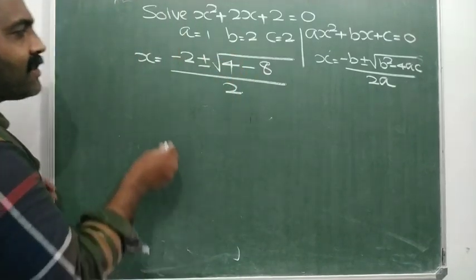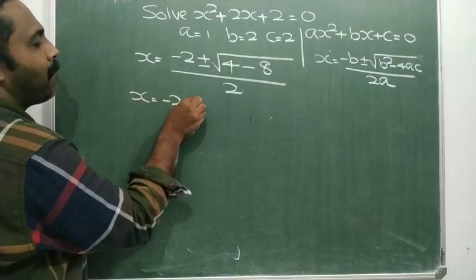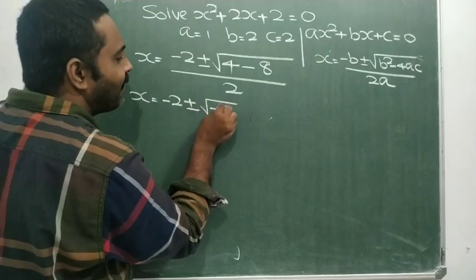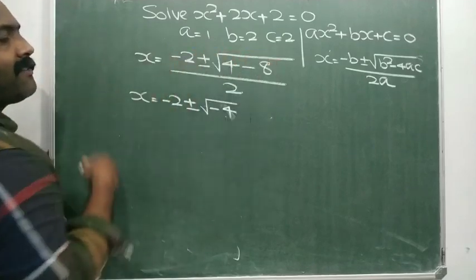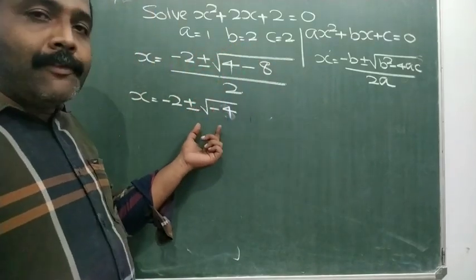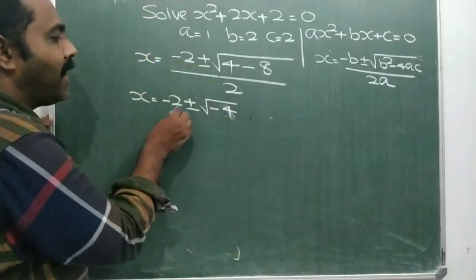Am I right? x is equal to minus 2 plus or minus root of 4 minus 8, minus 4, negative 4, by 2.